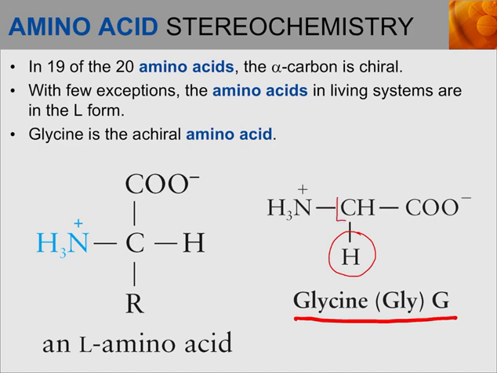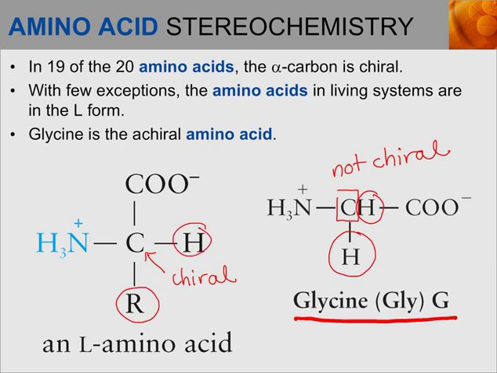So because this alpha carbon is bonded to two hydrogens, it is not chiral. So remember, a chiral carbon has 4 different groups attached. Now, if we look at the amino acid to the left, that alpha carbon is chiral because it's bonded to 4 different things. Some sort of side chain that's not hydrogen, a hydrogen, a carboxylic acid group, and an amino group.